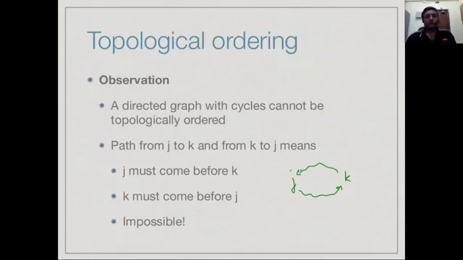Also, if there's a path from j to k, then there is a sequence of dependencies from j to k, so j must appear before k. Now, if I have a cycle, it says that j must come before k and k must come before j, so there is no way to break this dichotomy. So we will end up with a situation where we cannot order this set of tasks to respect the constraints. So if the graph has cycles, then it is clear that there is no topological ordering possible.